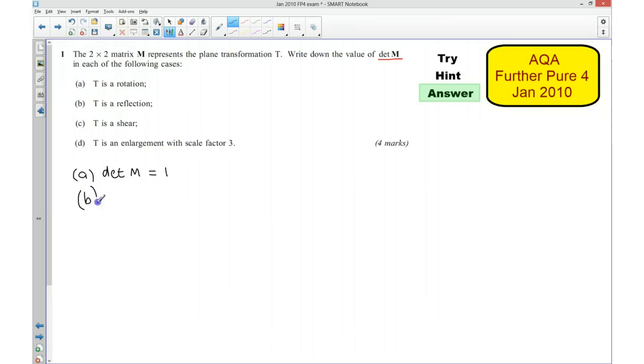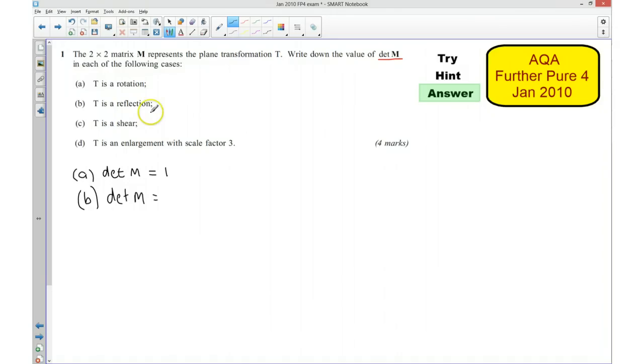For part B, this time it's saying that T is a reflection. Okay, and again, the area isn't going to change here. However, as it's a reflection, we have gone from having an area that's in the positive direction to an area being in the negative direction, as it's kind of flipped over.